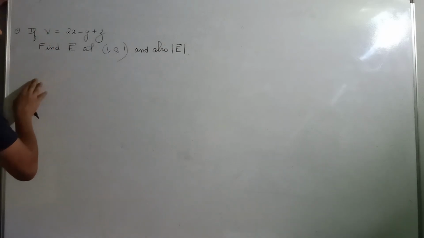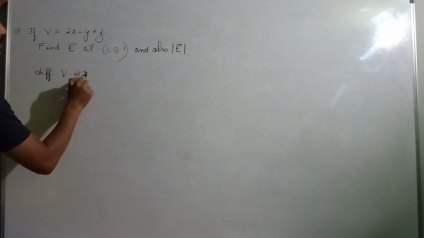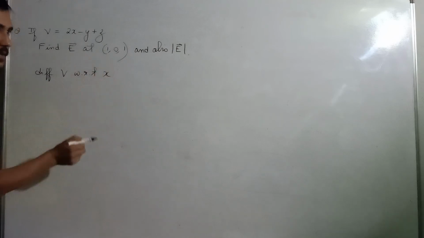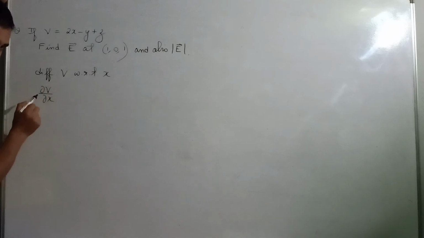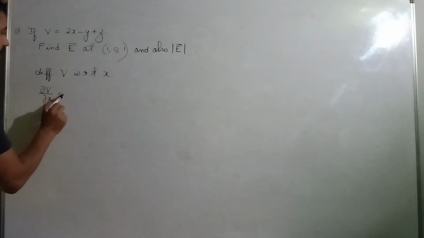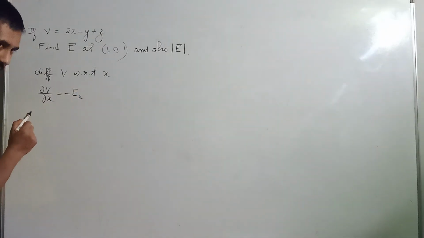What I'm going to do? Partially differentiate V with respect to x, and this will become del V by del x, right? Del V by del x means your minus Ex, correct?